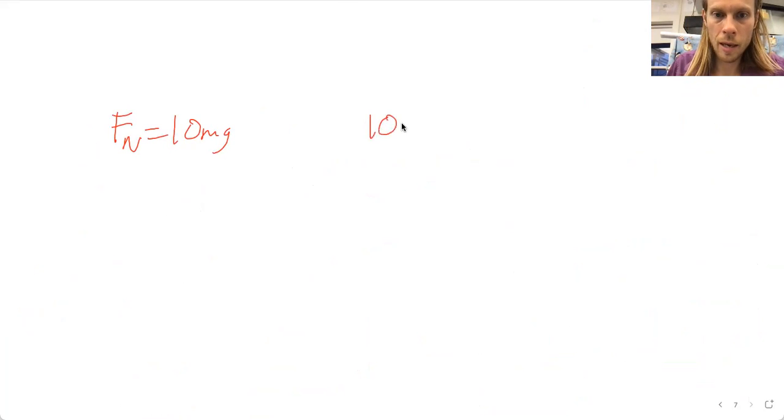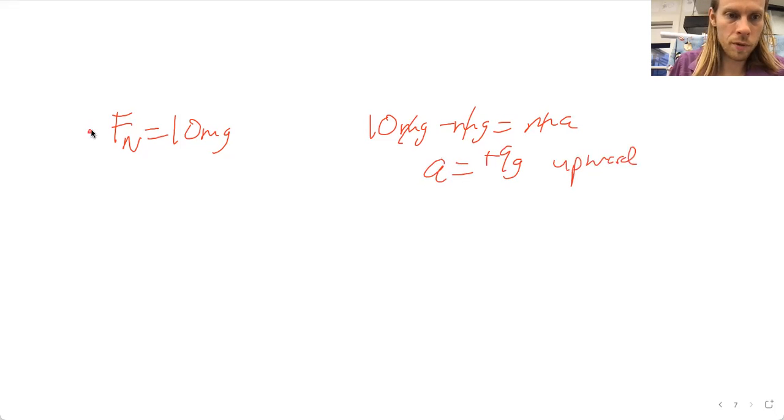If you want, on your own, what we also did in class, you can recall, say the normal force equals 10 mg. Well, then you would do 10 mg minus mg equals ma. Mass cancels. I get a equals positive 9g upward. Notice how this is what you do, like in 2 steps.